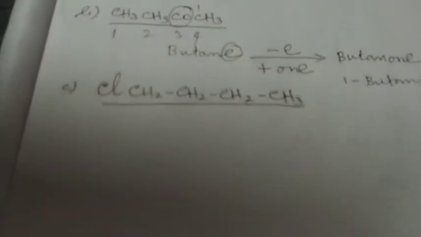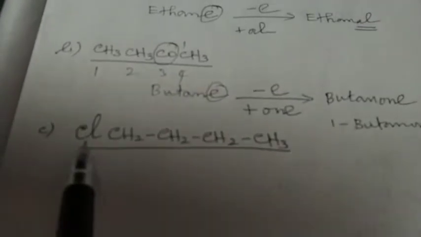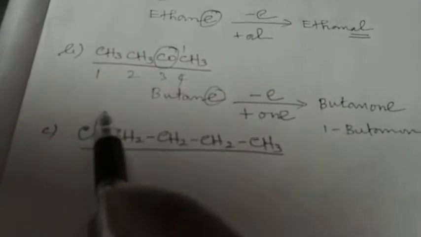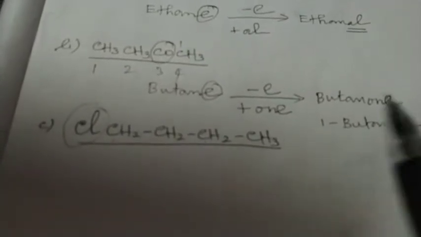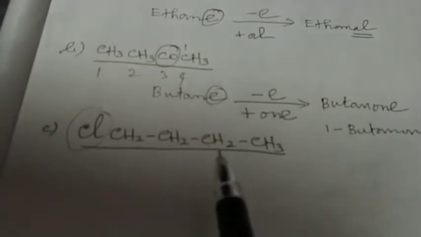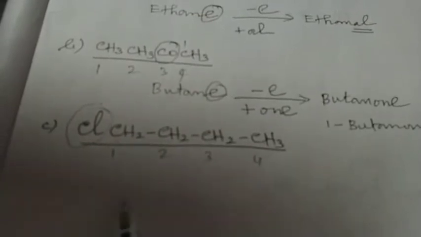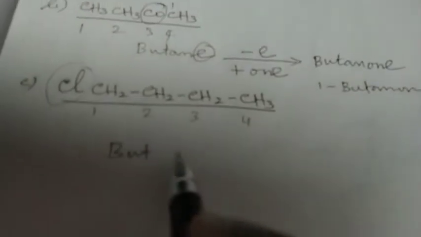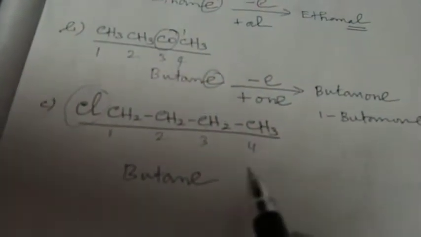Then see the next compound. Here Cl is a substituent, then CH2, CH3. So how many carbons are there? You can check: 1, 2, 3, 4 carbons. So the root word is but, and the parent hydrocarbon is butane.